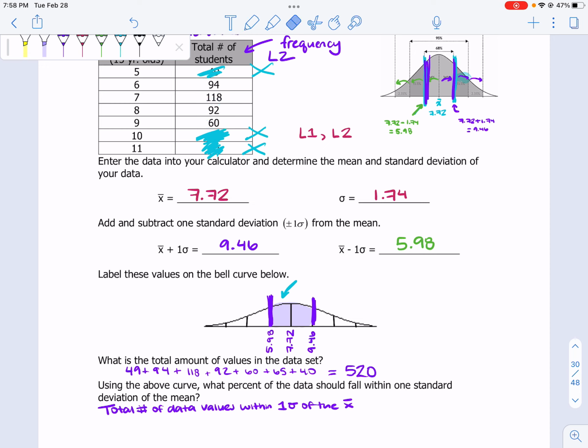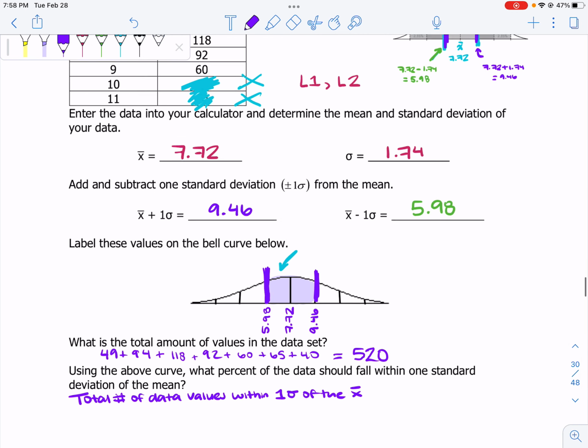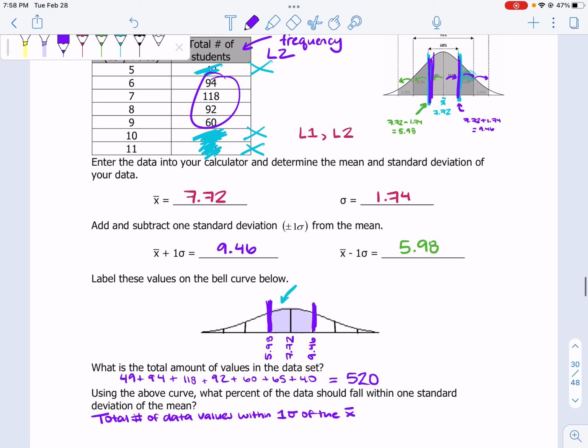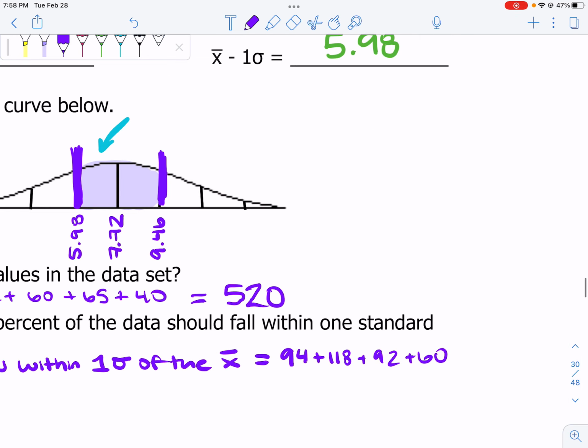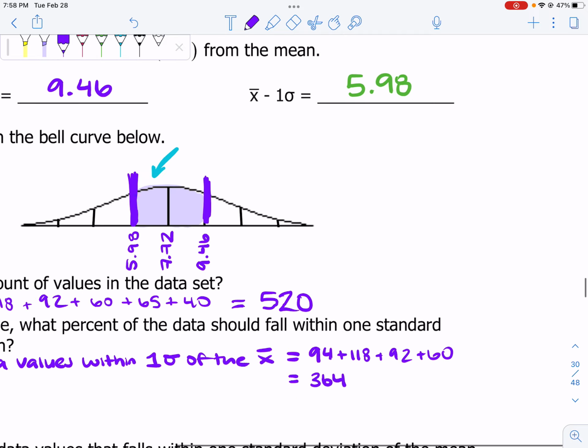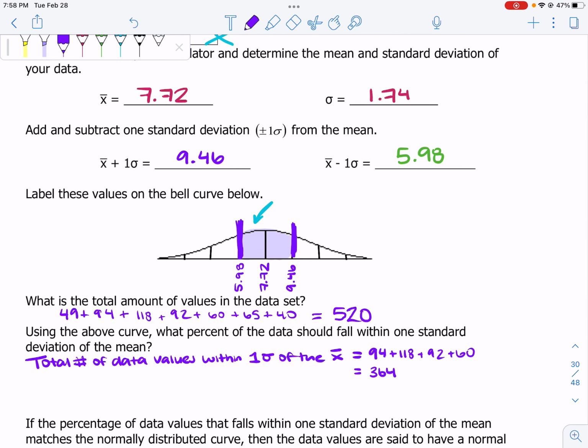So when I'm looking at the total number of students within 1 standard deviation of the mean, I'm looking at a total of these 4 numbers added together: 94 plus 118 plus 92 plus 60. And when I add all of those together, I should get 364 students. And that becomes the numerator.